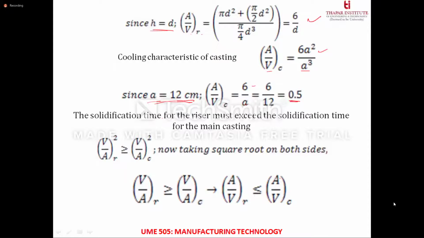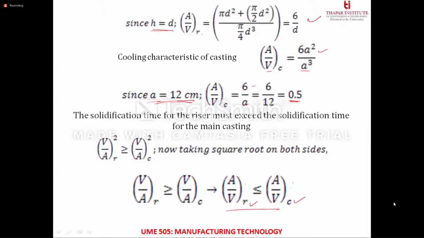It means that the cooling of the casting will be faster as compared to the cooling of the riser. And that is always going to be true, because that is why shrinkage is happening over here, not over here. The major amount of shrinkage happens in the casting part. So this is the basic equation that I'm going to use, where A by V of riser is less than or equal to A by V of casting.